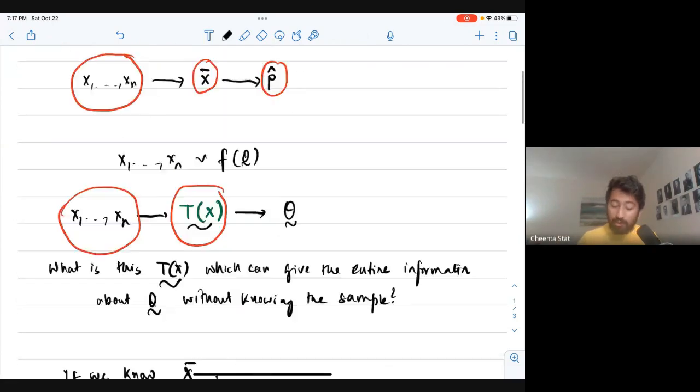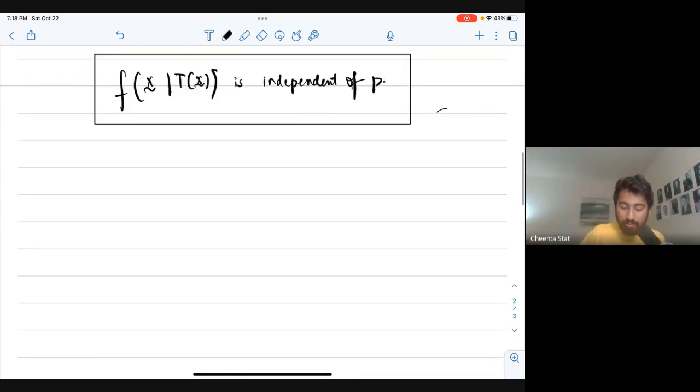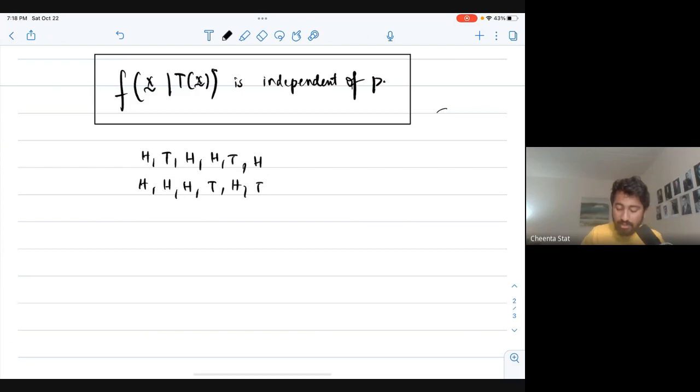Another interesting thing is whatever the sample is, if it yields the same x bar, for example, if you have heads tails heads heads tails heads, and if you have heads heads heads tails heads tails, both samples will have x bar 4/6.